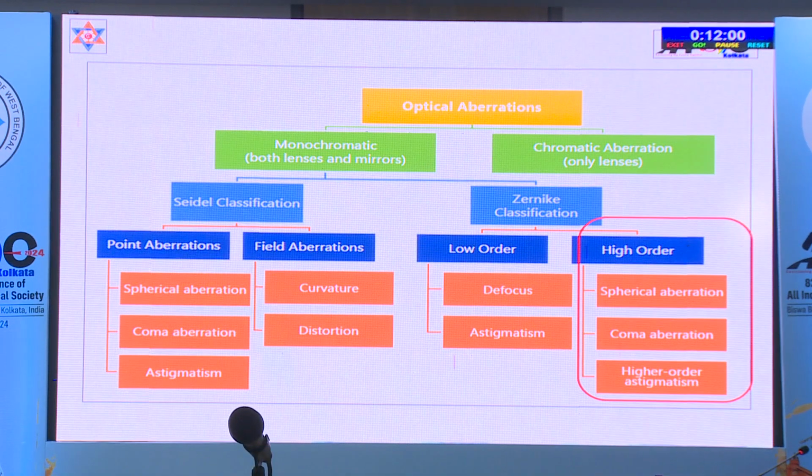If you see the classification, optical aberrations can be monochromatic or chromatic, but nowadays we don't follow the Seidel classification. We normally follow the Zernike classification, which divides the aberrations into low order and high order aberrations.